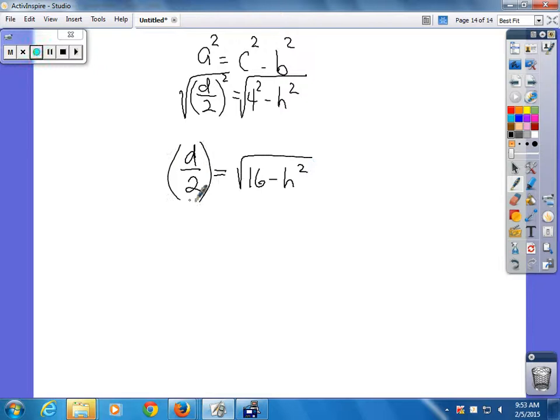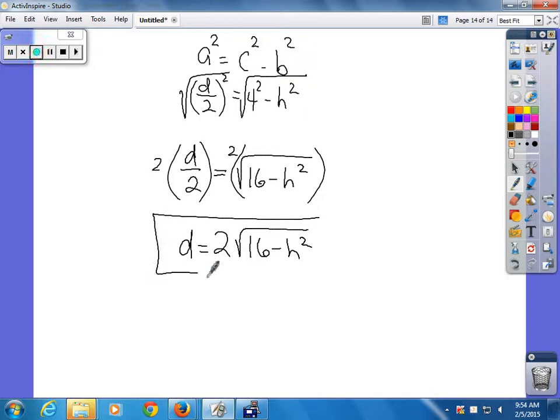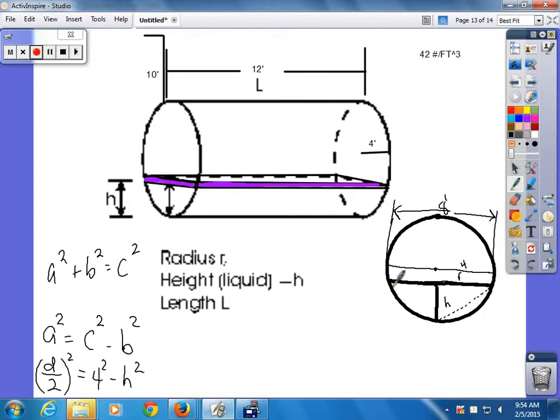Multiply both sides by what? 2. So D is equal to 2 times the square root of 16 minus 8 squared. So now you've got your diameter, which is this line right here. And that's the way you're going to set up anytime you do a cylindrical problem, on the side. That's the way it's going to be set up.